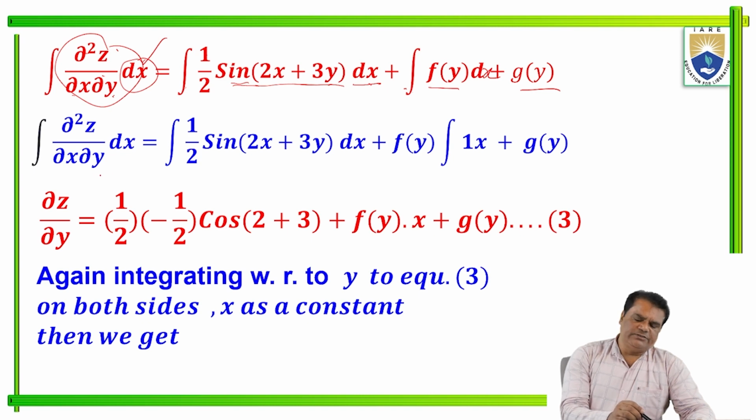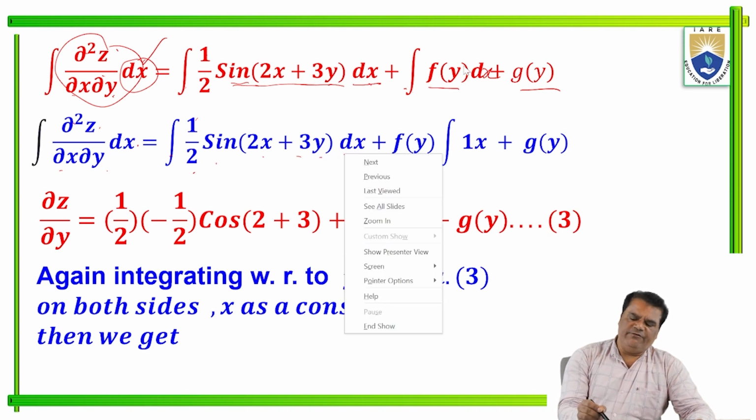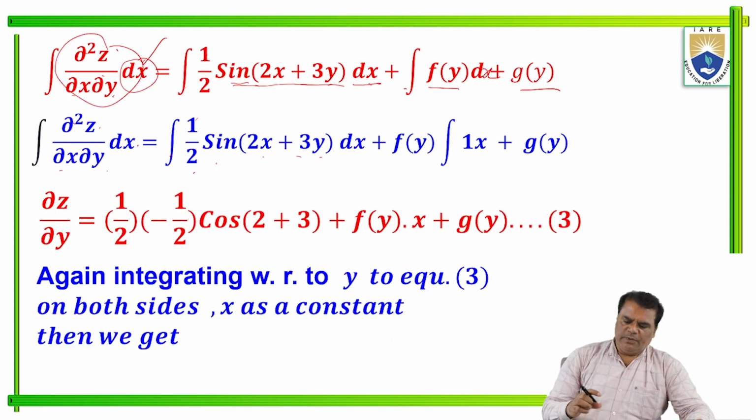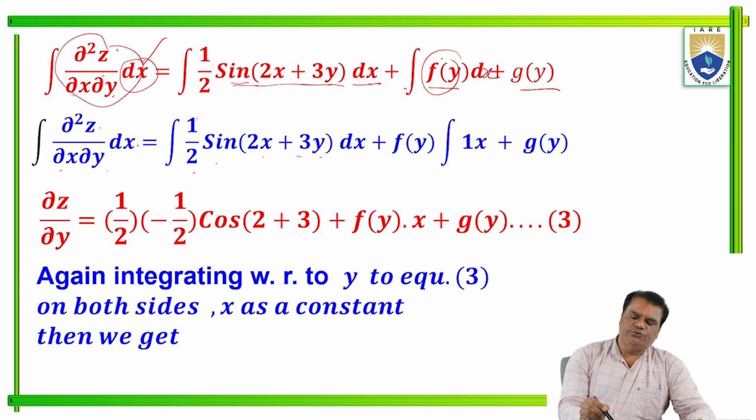So here we get this result ∂z/∂y. This one order is cancelled. ∂²z/∂x∂y dx equals 1/2 sin(2x+3y) dx, and f(y) is constant here. So this constant we are integrating with respect to x.